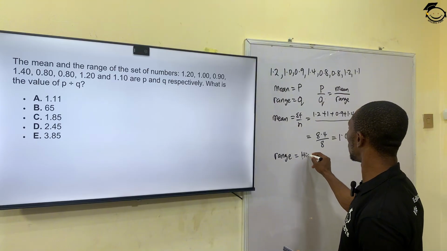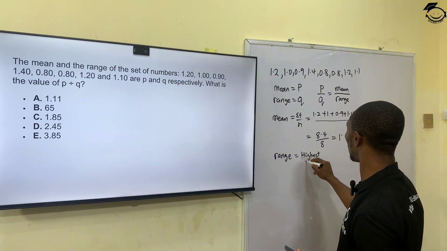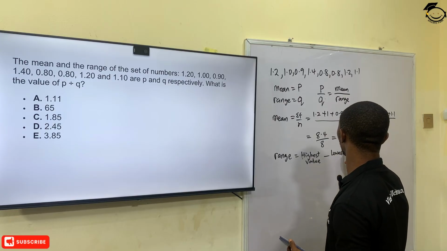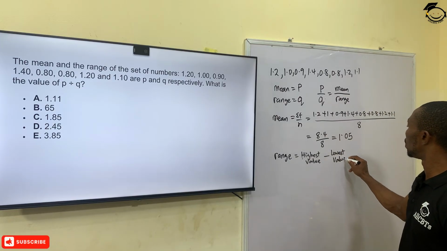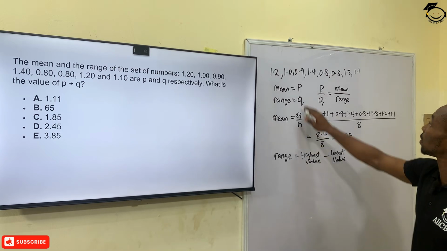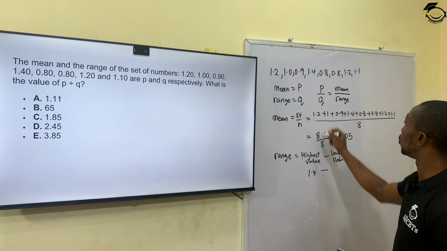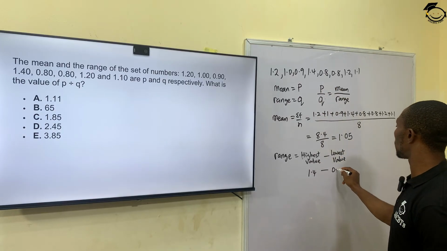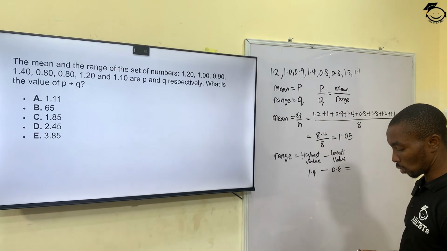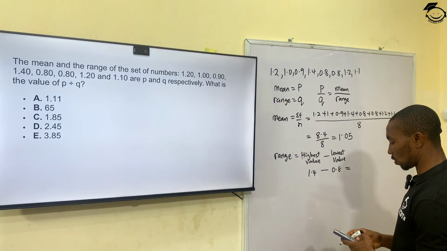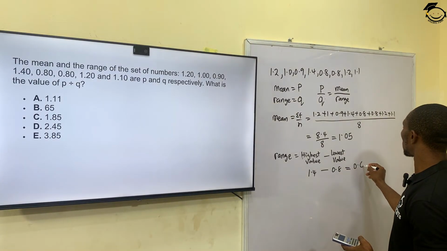Now range is the highest value in a set of data minus the lowest value in a set of data. Our highest value in this set of data is 1.4 and the lowest is 0.8. So our range will become 1.4 minus 0.8, which gives us 0.6.